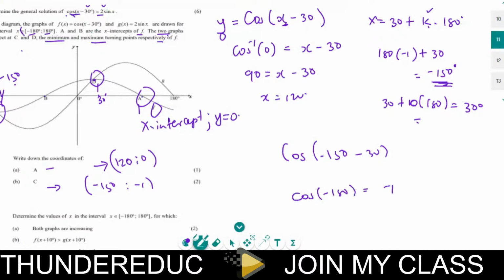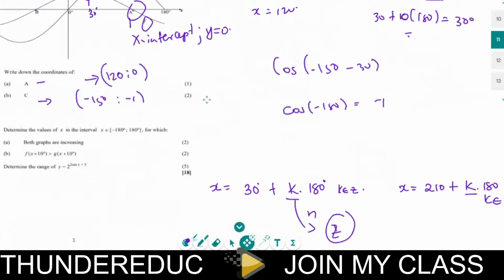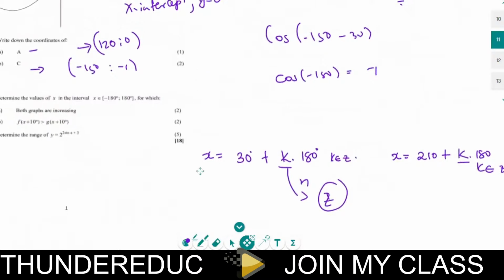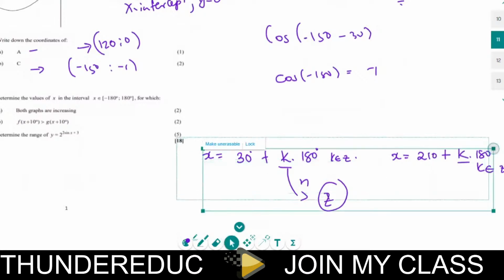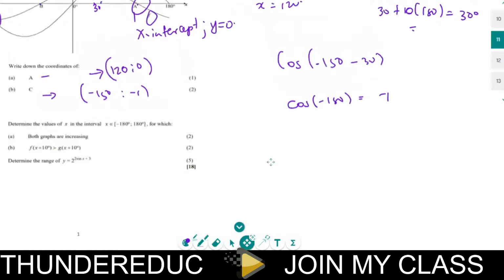And then 6.2.2, they're asking us to determine the values of x between −180 and positive 180 for which both graphs are increasing.